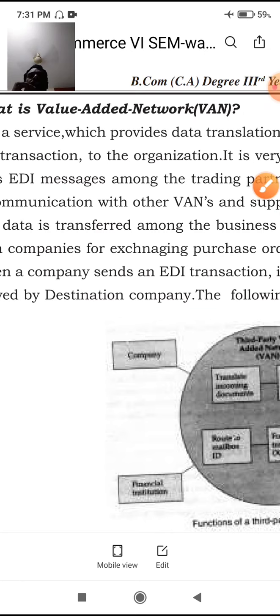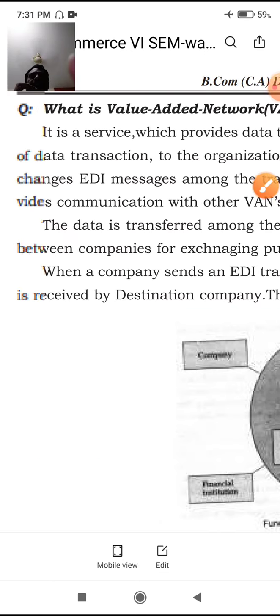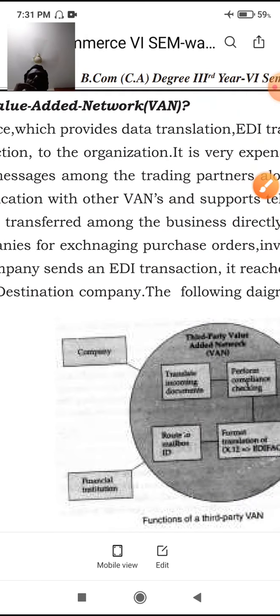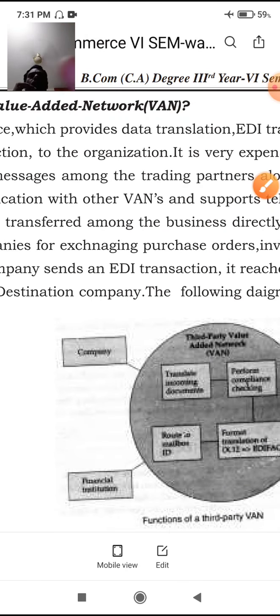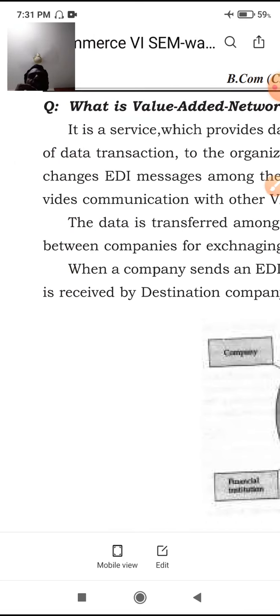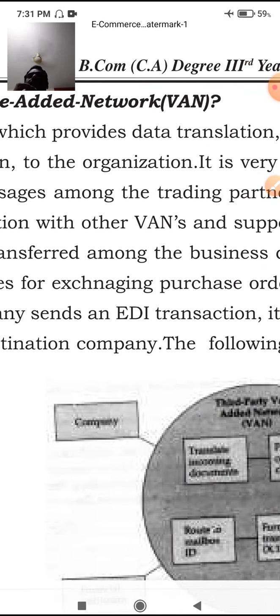The next topic, the last topic of this class, is value added network, VAN. In the examination, this is generally asked as a short question: what is a value added network, VAN?